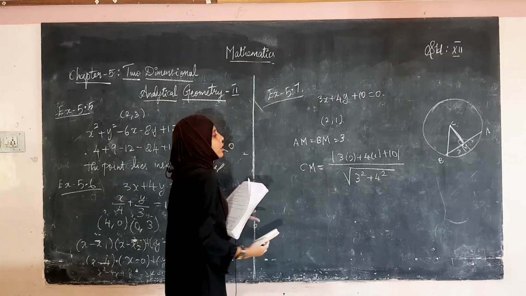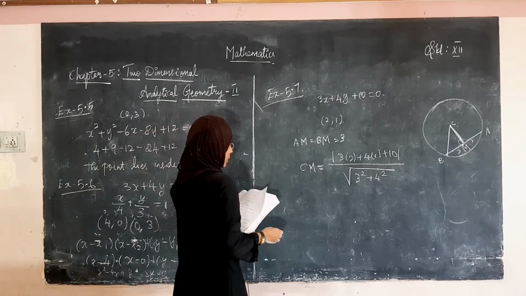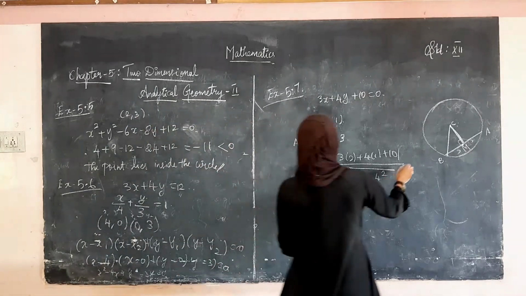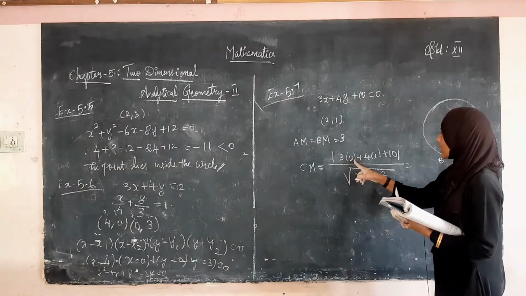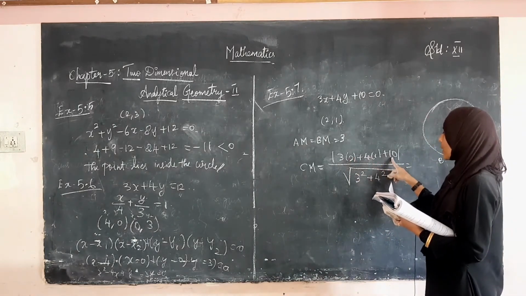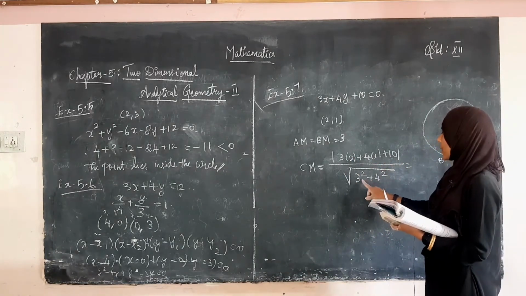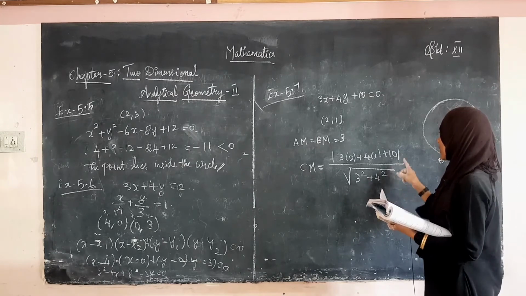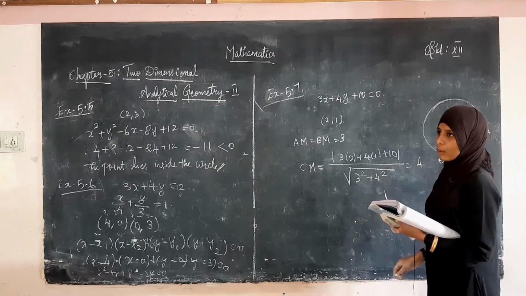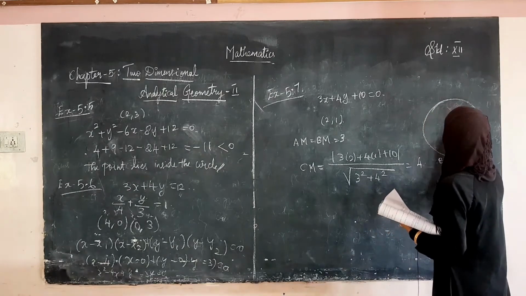So the value of CM will be 3 into 6 plus 4 plus 10, that is 20, divided by 9 plus 16, that is 25, root 5. 20 divided by 5 is 4. So the value of CM is 4.